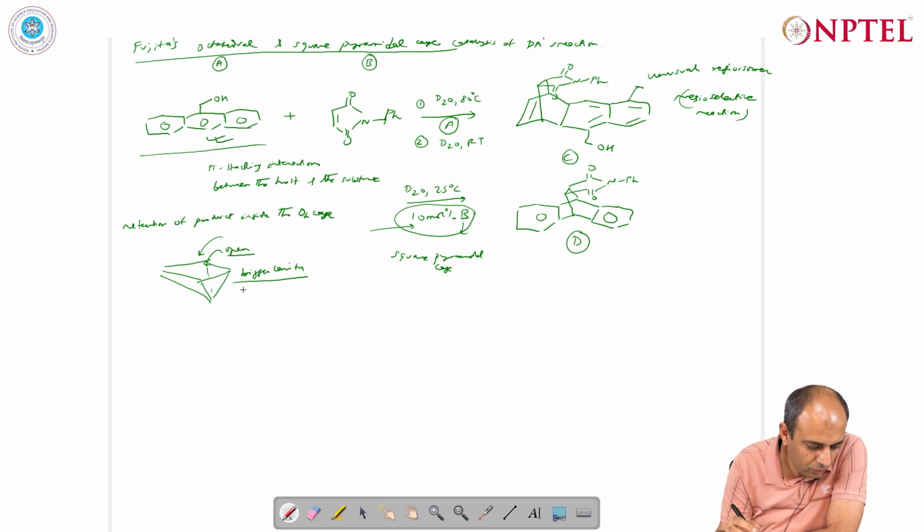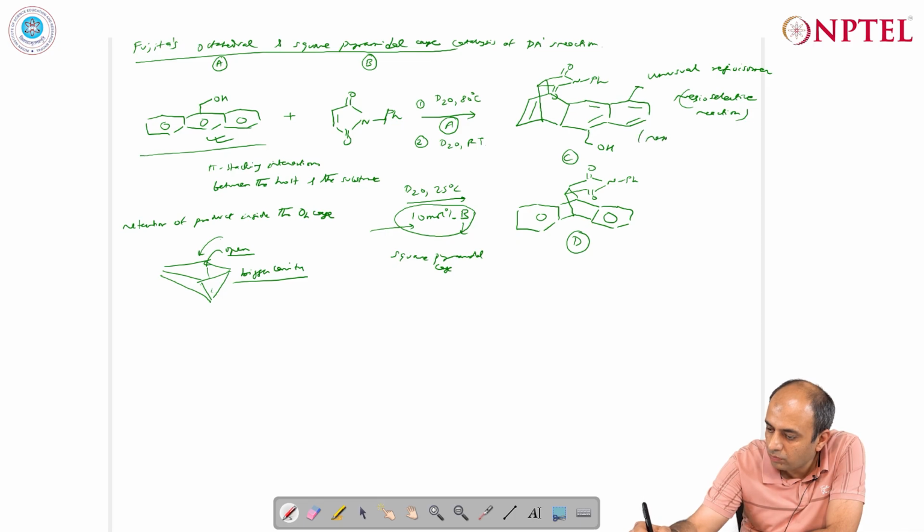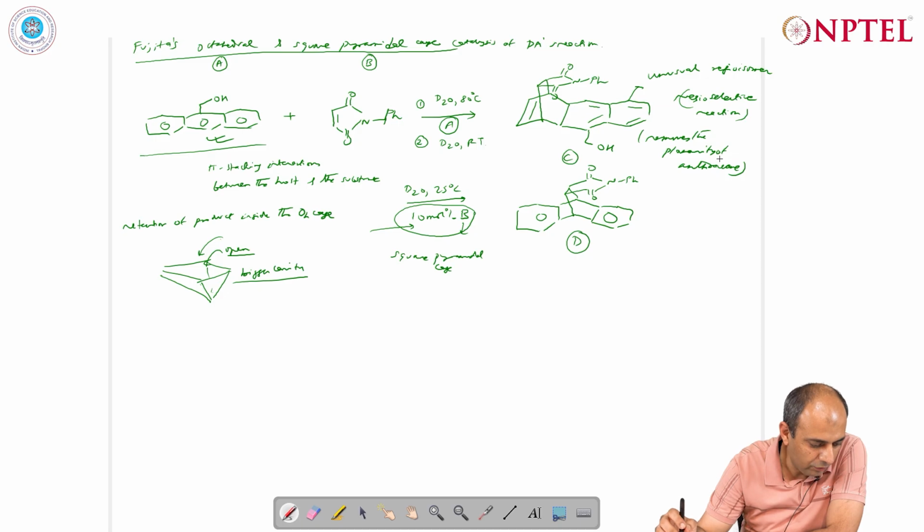And also what happens is that the product formation actually removes the planarity of the anthracene moiety, and it facilitates the release of this product into the bulk. So now you see that the anthracene has lost its aromaticity, the product is easily released, and that increases the efficiency of the process and also the catalytic turnover.